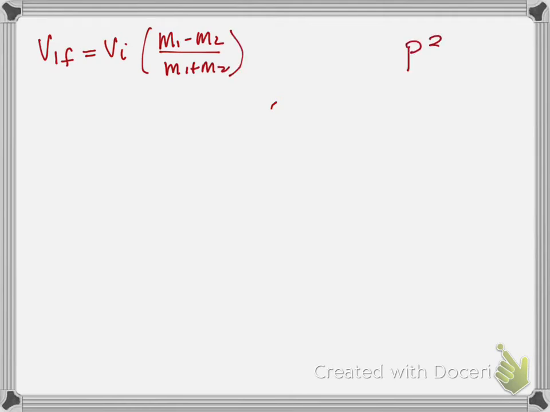What we get here is that the final velocity of object 1 is V1I times M1 minus M2 over M1 plus M2. I took this formula from page 397 where they discuss a few simple cases of elastic collisions where one of the initial things is at rest.